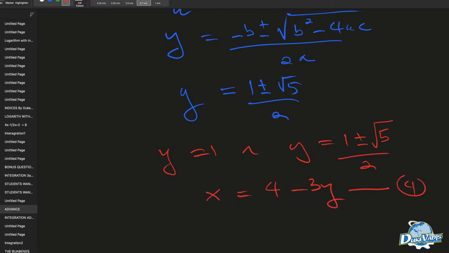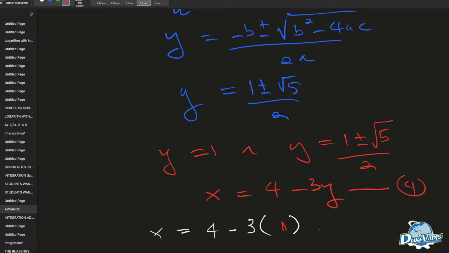If we do that, then our equation x is equal to 4 minus 3, then in brackets, our first value we calculated is 1. So we'll put it in over here.